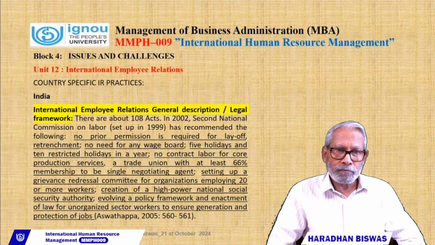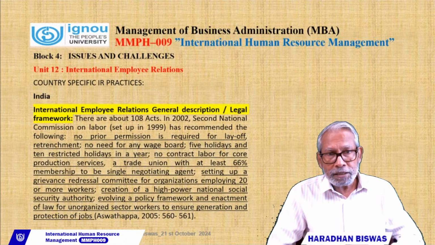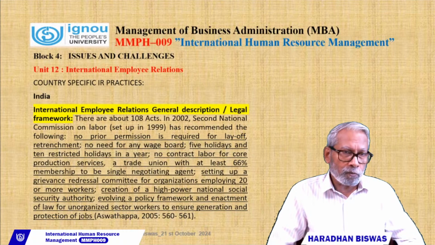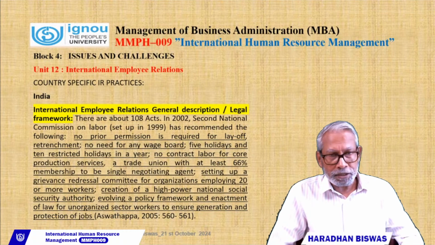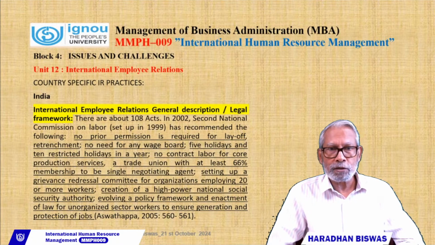Retrenchment, no need for any wage board. That is 1999, we are talking about 1999. That time it was recommended: no contract labor for core production services. A trade union with at least 66% membership to be the single executive company presence.